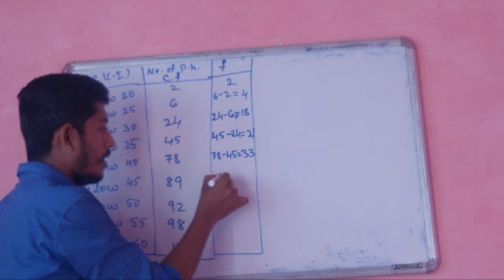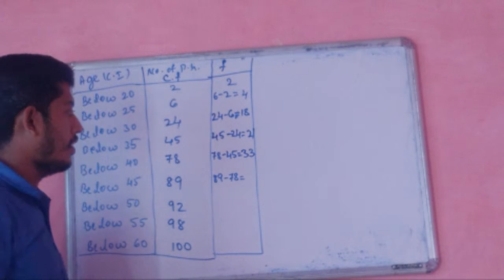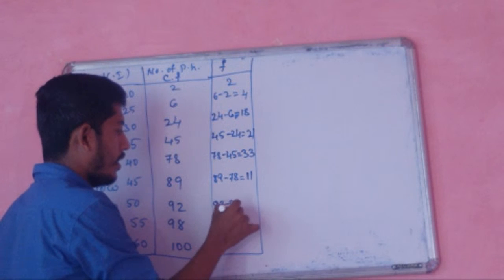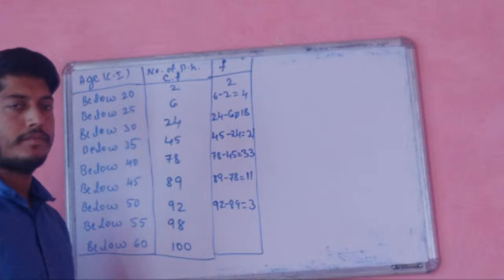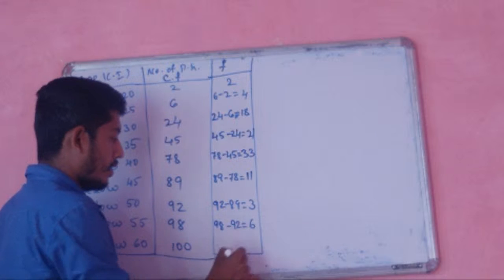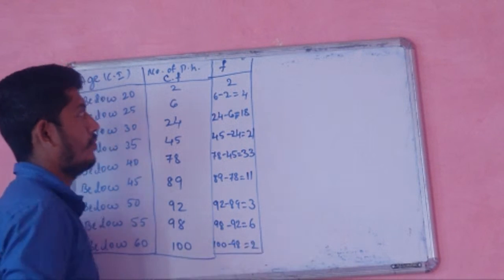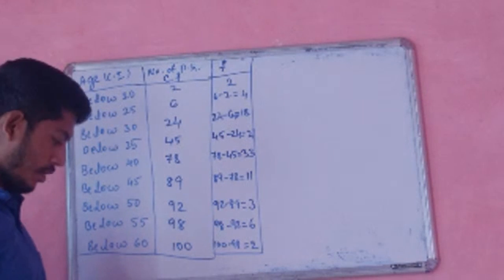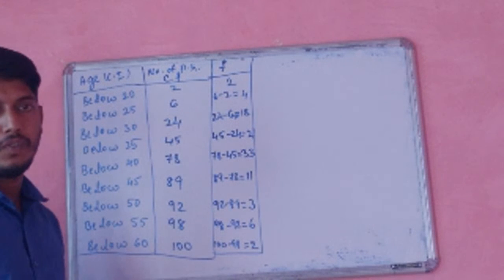Then 89 minus 78 gives 11. Then 92 minus 89 gives 3. Then 98 minus 92 gives 6. Then 100 minus 98 gives 2. Therefore, these are the frequency values: 2, 4, 18, 21, 33, 11, 3, 6, 2.